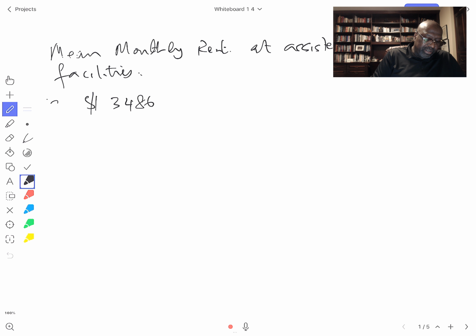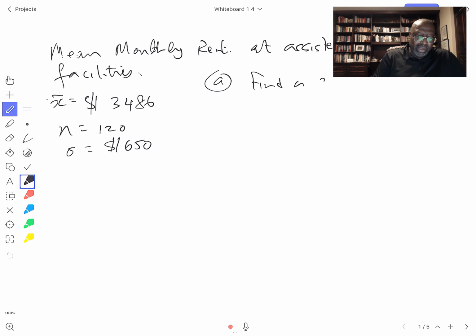So that means that this value here is our sample mean. The number of facilities, 120, and assume that the population standard deviation is $650. So the first question is A, find a 90% confidence interval for the true mean monthly rent.